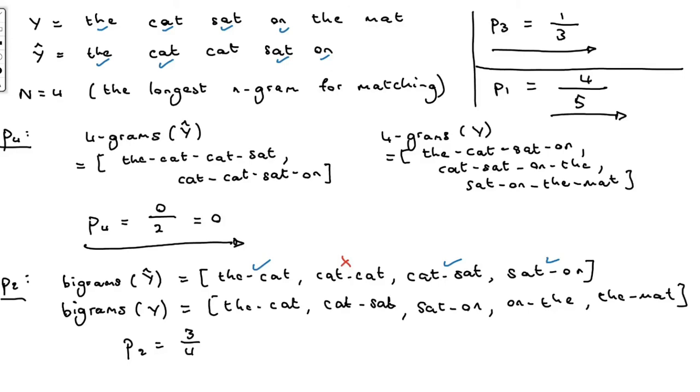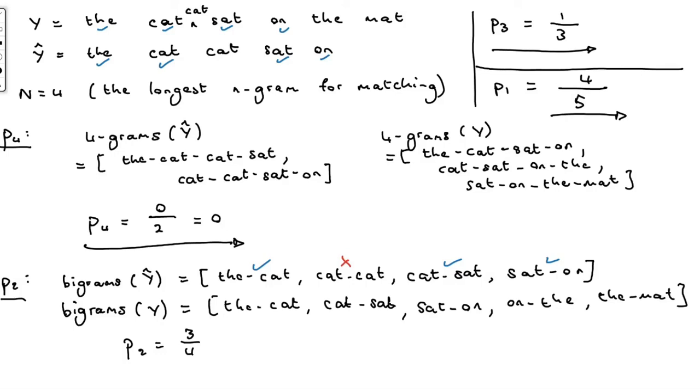In other words, if we were in a setting where the ground truth was the cat sat on the mat, then you would get credit for this cat because you can match this one to this one and that one to that one, and that's fine. So you're capped or clipped by the number of occurrences in your ground truth, and you can't get credit for all of them.